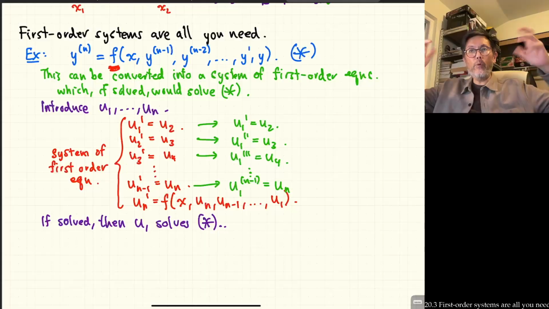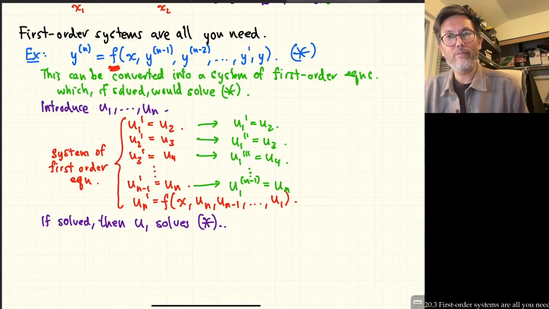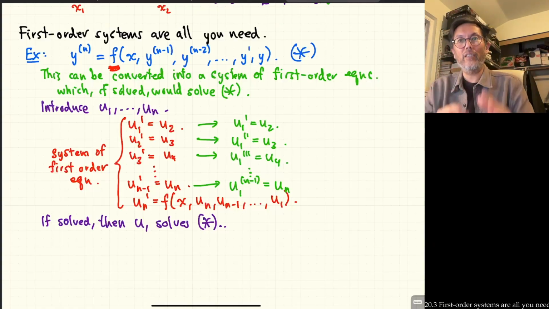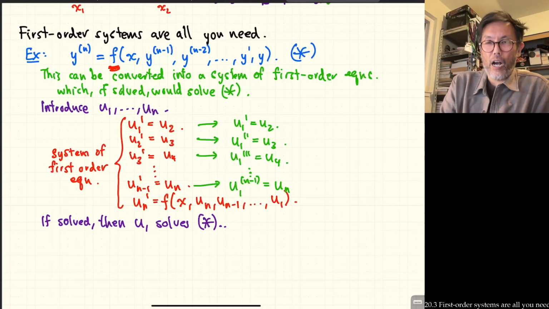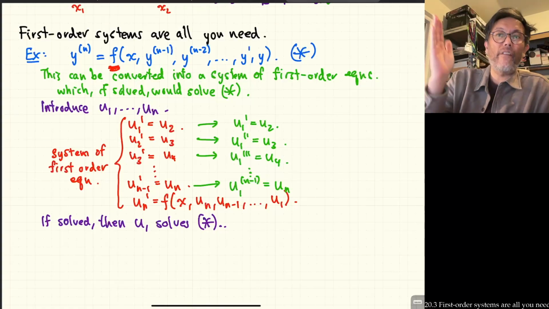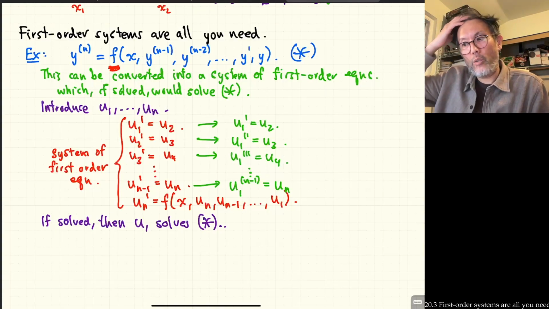I'm not describing what those issues are, just that they exist. So you might find it useful, if you have a complicated differential equation to solve numerically, to first convert it into a system of differential equations.